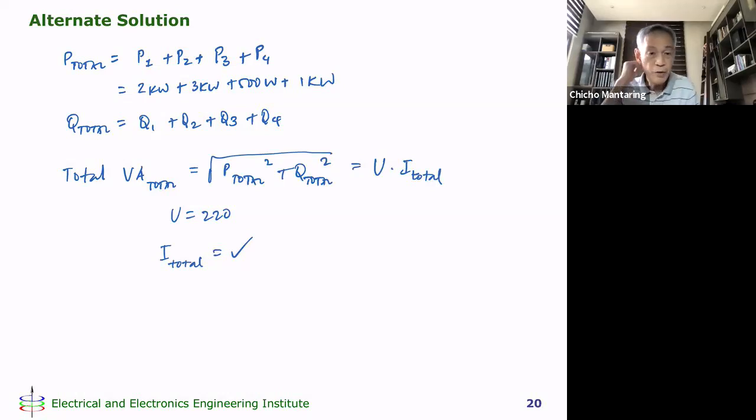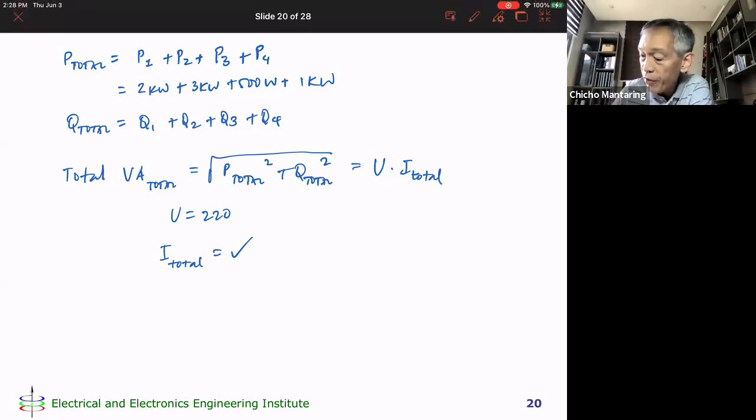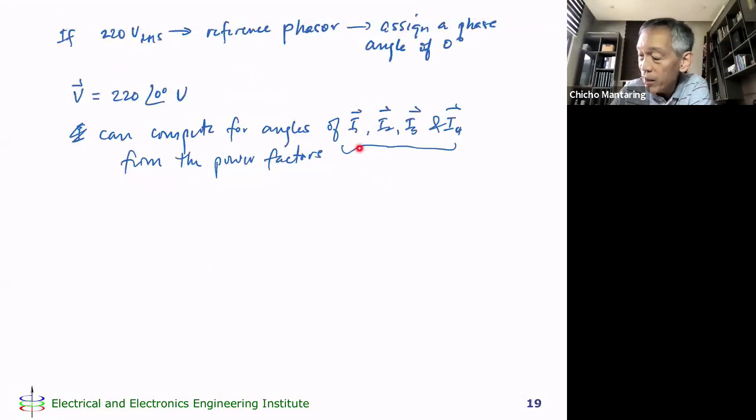Okay. Unfortunately, I have to stop there. We exceeded the time I allotted. I actually had other example problems, but wala nang oras. So there are two ways of solving this problem. One is using phasors: I will convert I1, I2, I3, and I4 to phasors.